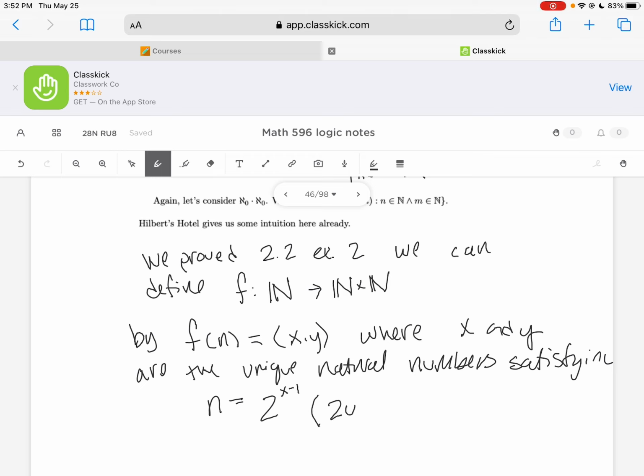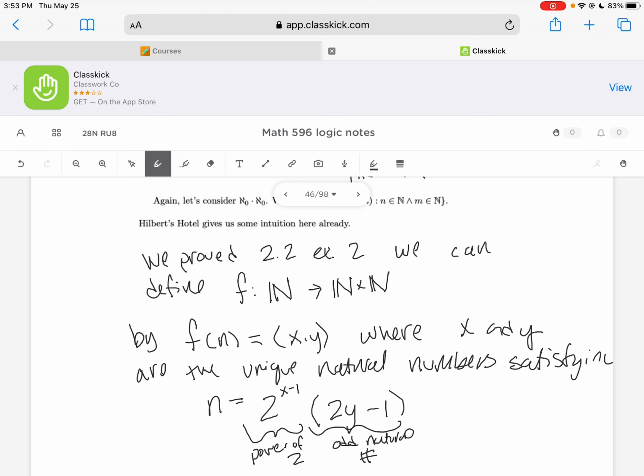times (2y minus 1). So this might seem like it came out of nowhere, but the idea is that any natural number can be expressed as a product of an even number, in fact not just an even number but a power of 2, times some odd natural number. Every natural number has a unique way of being expressed this way.